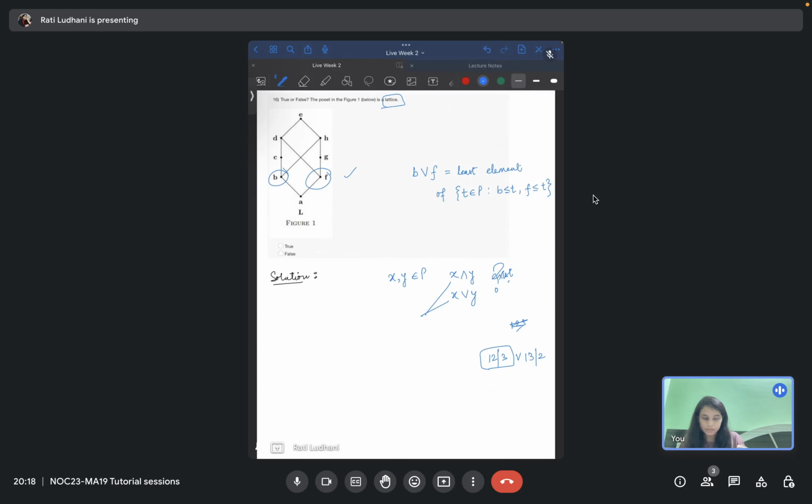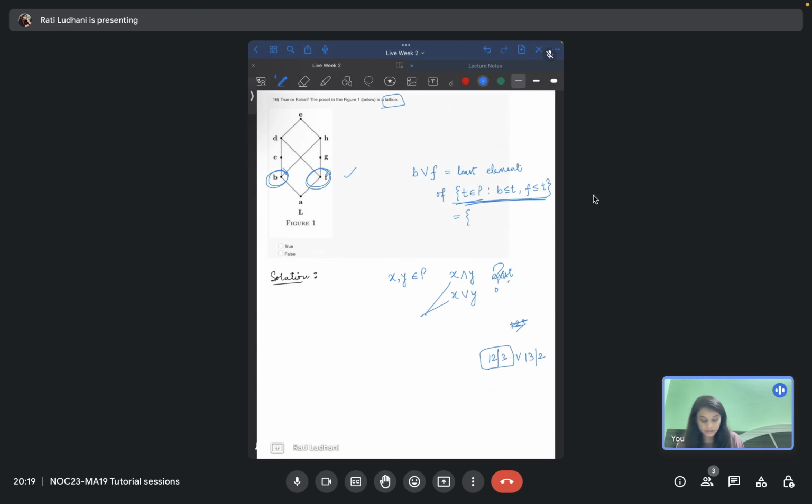Now, what are all the elements which satisfy these properties? Can you tell me at least one element in this set? Above b and f you are looking for elements.